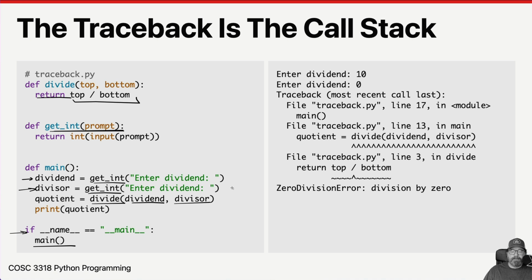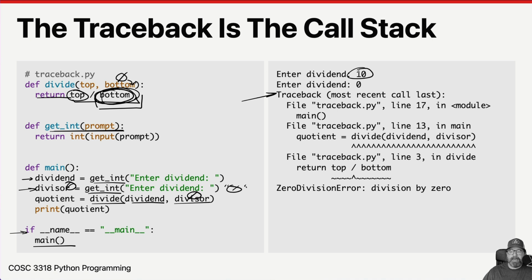But if somebody enters 0 here, and that gets turned into 0 for the divisor, then that value 0 gets passed here, and that's the value that gets sent into the variable named bottom. So when we do top divided by bottom, we end up with a zero division error here. So let's look and see over here in this traceback how we got to that.